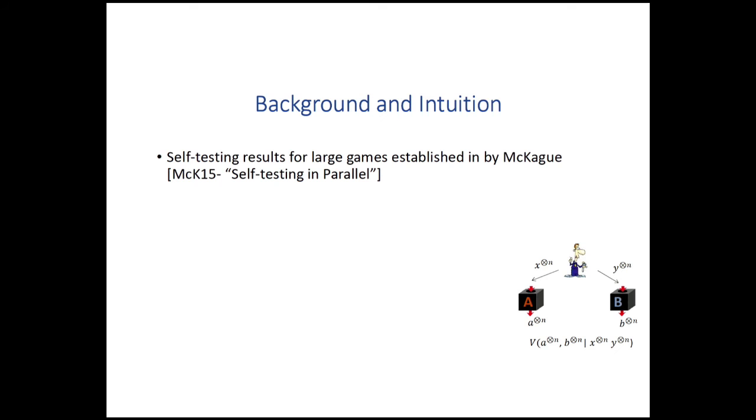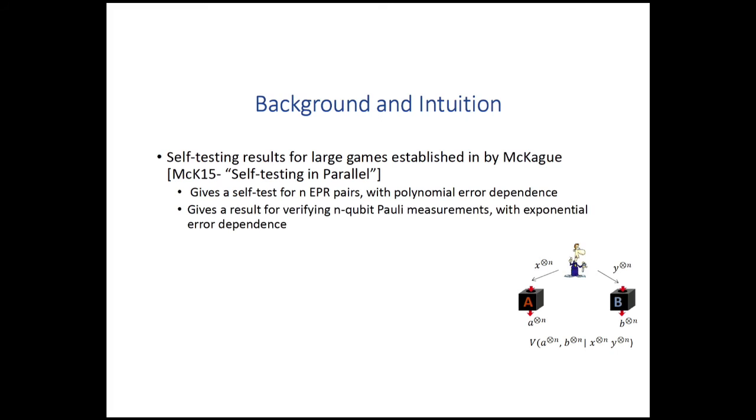That was in 2015. In that paper, he not only gives a self-test of n EPR pairs that has polynomial error dependence, but he also gives a test that actually has a classical verifier in it and tests in qubit Pauli measurements. But the portion that has a classical verifier in it has exponential error dependence.